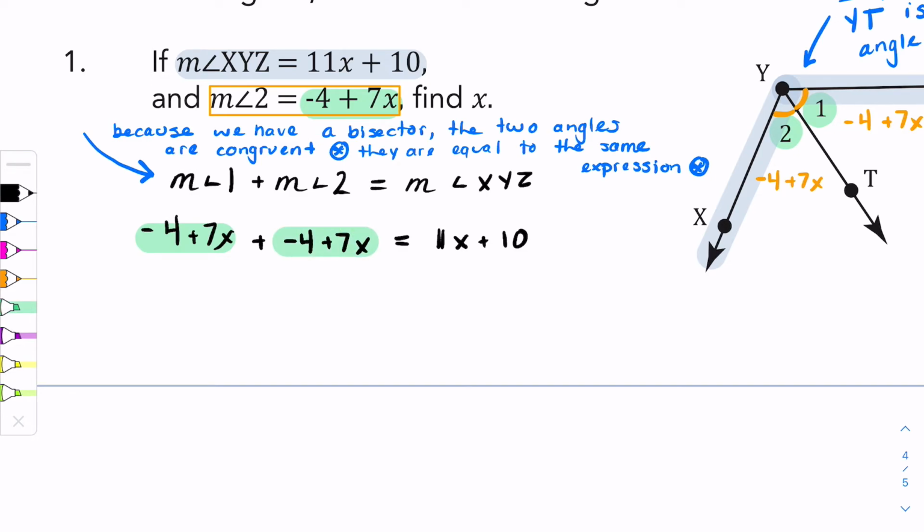So now we need to add the left side of our equal sign, and I'm going to add my common terms. So I can add -4 plus -4 and 7x plus 7x. That gives me -8 plus 14x. And this is equal to 11x plus 10.